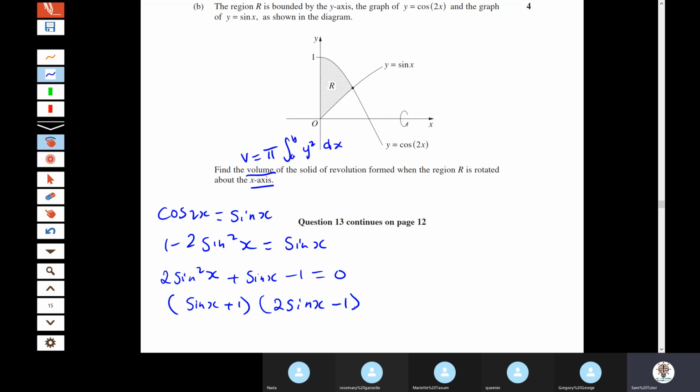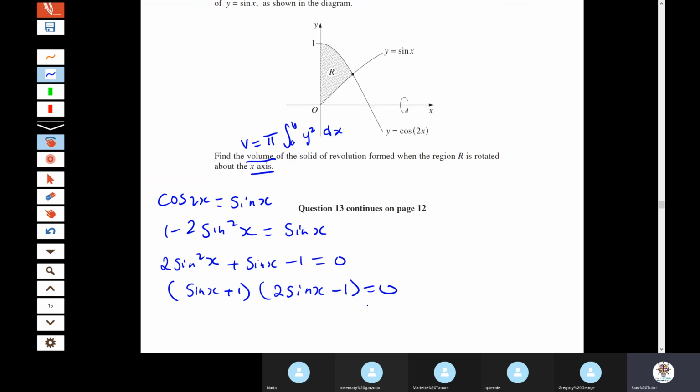Then you end up with a few solutions here. Obviously, you're only going to choose the first positive one, which would have been at 30 degrees. X equals pi on 6. Let's put it in brackets, 30 degrees, pi on 6.